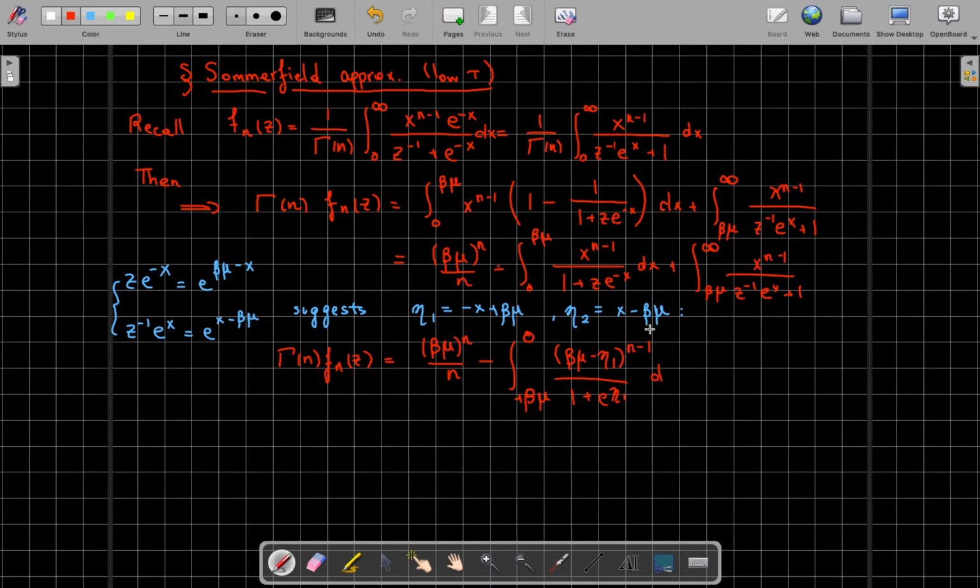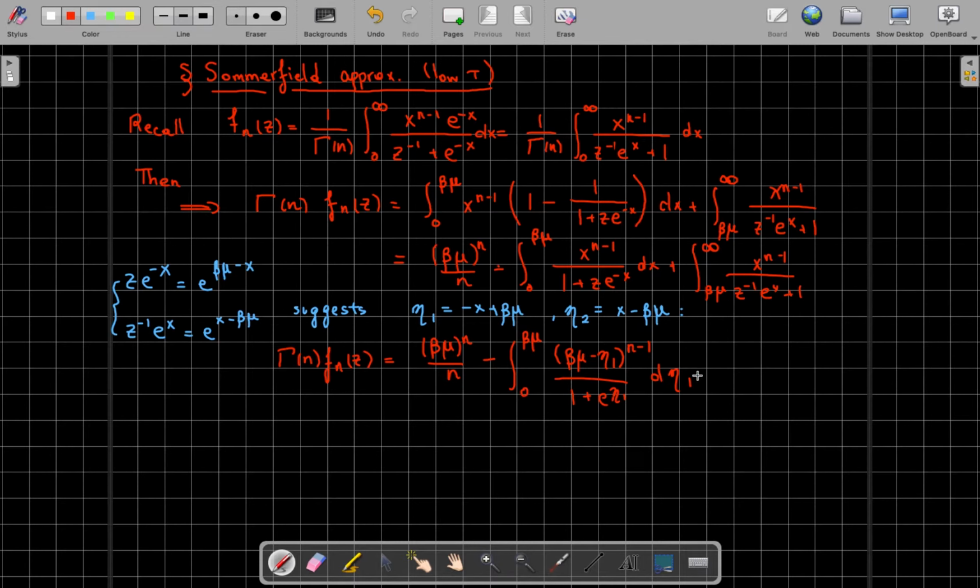Now dx becomes minus d eta 1, so this becomes a plus, but I don't like these integral bounds, so I'm going to switch them and get a minus sign here. So this goes back to being a minus, only that now I get the integral from 0 to beta mu.